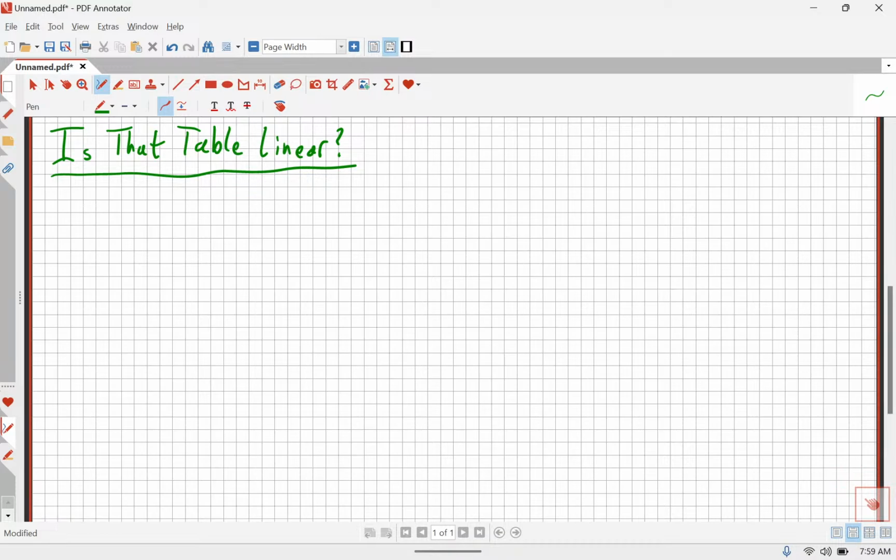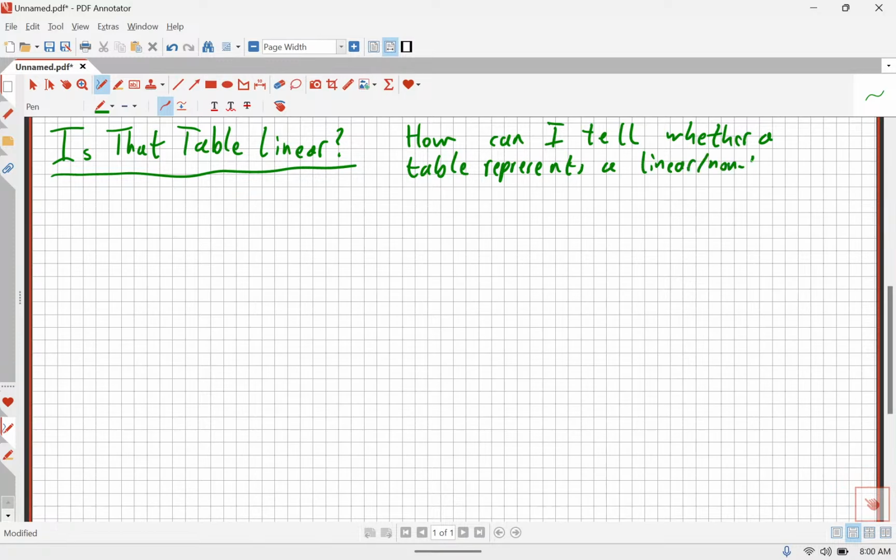Evan, what's our first essential question today? How can I tell whether a table represents a linear slash nonlinear function slash non-function?